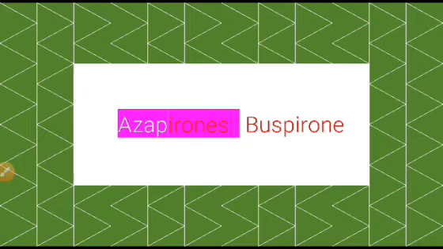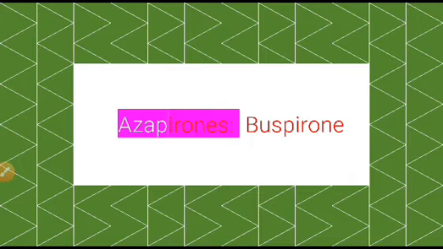Now I would like to move to our main or newer class here. Actually, benzodiazepine is very much used, but that you have already studied. So here I am going to talk about the new class, that is azapirones. Buspirone is the drug we are taking here as a prototype.